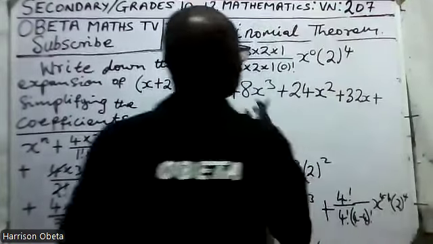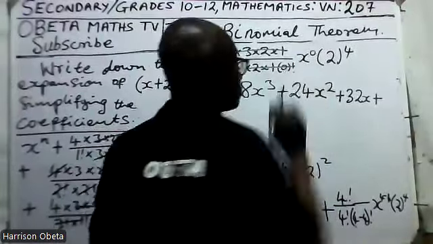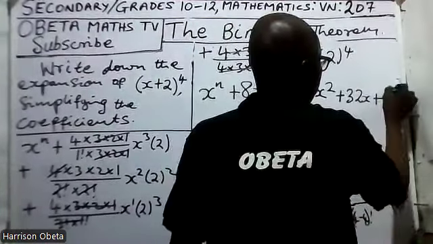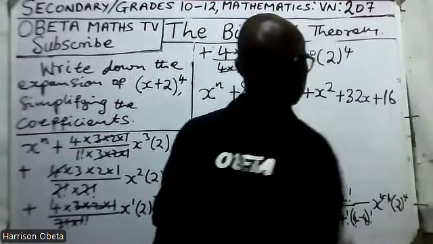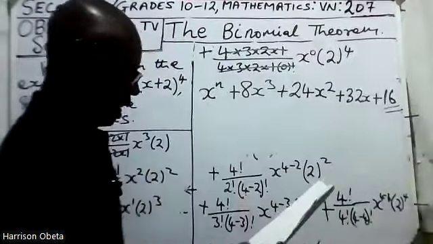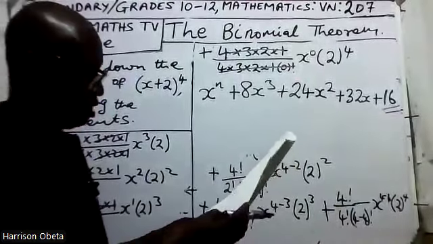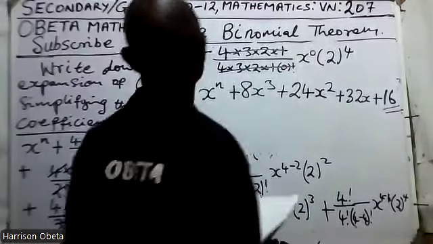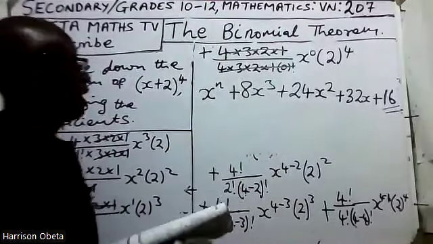Plus this one is everything here we divide. x raised power 0 is 1, which means the only one that will exist is this. 2 raised power 4 is 16. So that is the answer. We have x raised power 4, 8x cubed plus 24x squared plus 32x plus 16. So we have succeeded in expanding that, and we have arrived at the final answer.